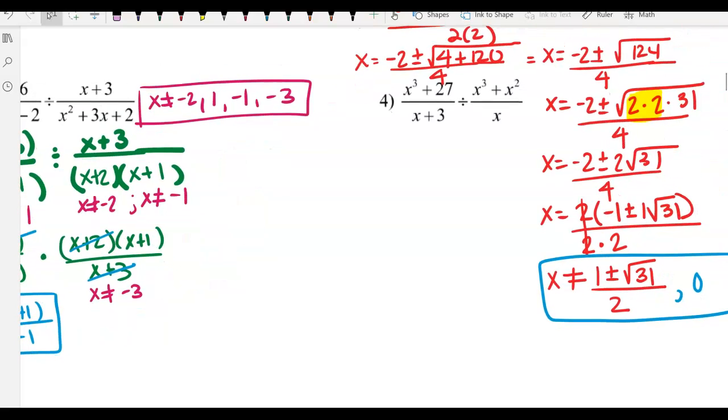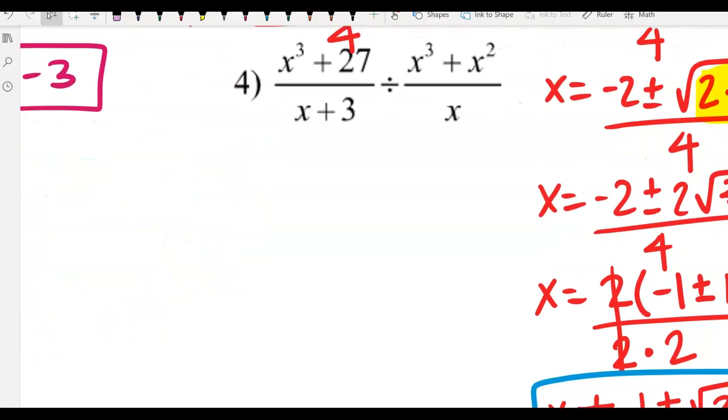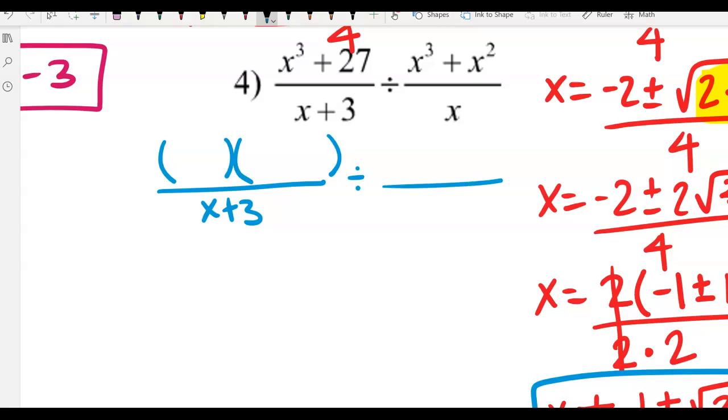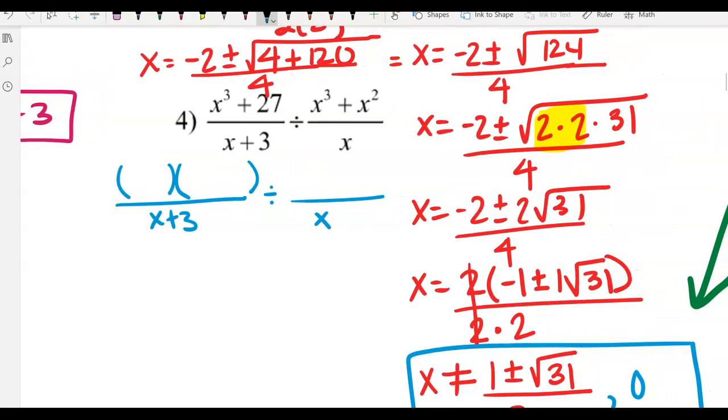Number 4. Can you factor out that sum of cubes for me, Talia? So everybody, factor the x cubed plus 27, just that way we can back up what Talia is about to give us.